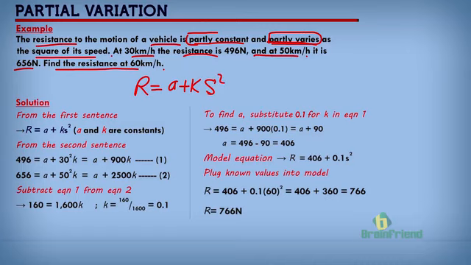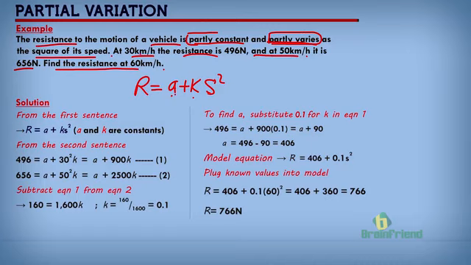Remember, it's the square of the speed that was given to us. A and K, of course, being constants. From the second sentence of our question, we can get values to get our first equation. Let's quickly do that.